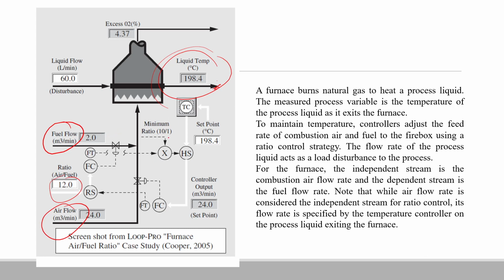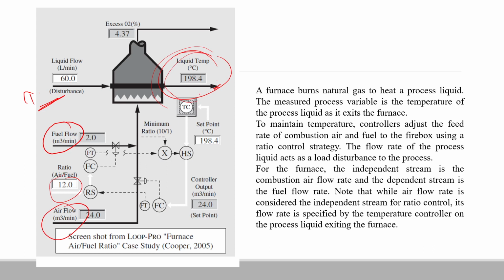And then there is another control loop also in this furnace air-to-fuel ratio case study, that is, to maintain the liquid temperature, the controller will adjust the flow rate of the air as well as fuel using the ratio control strategy, and the flow rate of the process liquid can act as a disturbance to the process. That is, if this disturbance increases, then there will be a rise or decrease in the temperature.